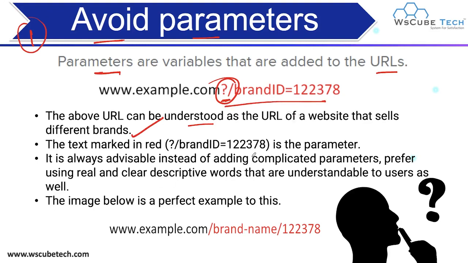It is always advisable, instead of adding any complicated parameters, to prefer real and clear descriptive words. Just like in this example, we are using the brand name. These are clear words that are understandable by users as well as search engines. And after that, you can mention your slash and then name this particular ID. So this is the best practice we have to follow.